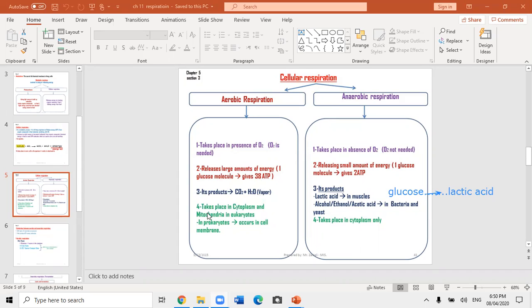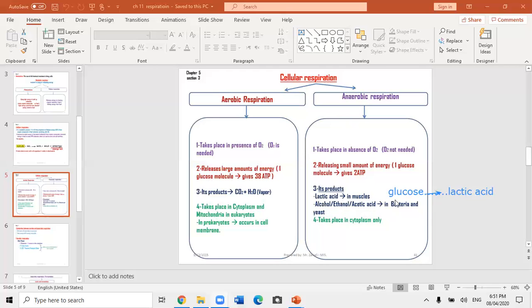Then here they say about aerobic respiration that it takes place in cytoplasm and mitochondria in eukaryotes. In prokaryotes it occurs in the cell membrane. This is for bacteria. However, for anaerobic respiration in the muscles, as we said, in humans, glucose will be broken down into lactic acid, whereas for bacteria and yeast, this is different.